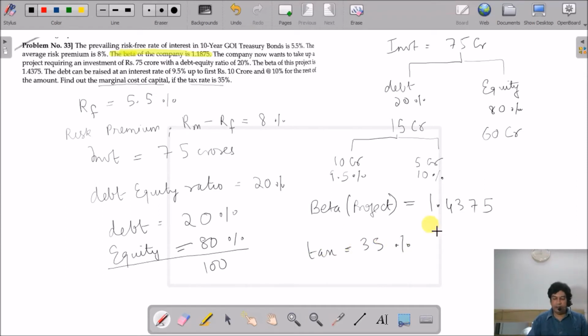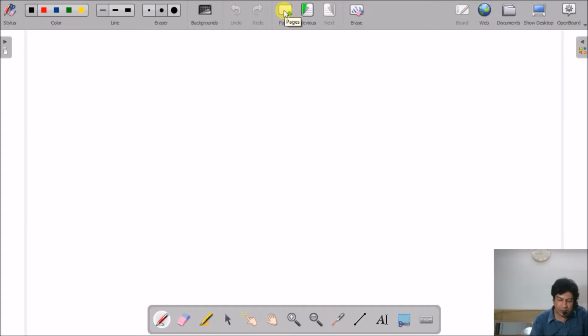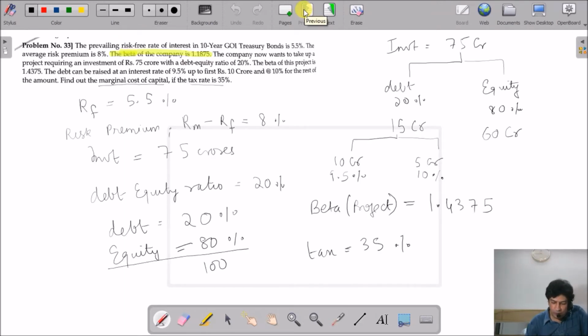So all the details which are required from the point of view of the sum I have put over here. We need to find the marginal cost of capital, which is the weighted average cost. So first I am going to find the equity part.